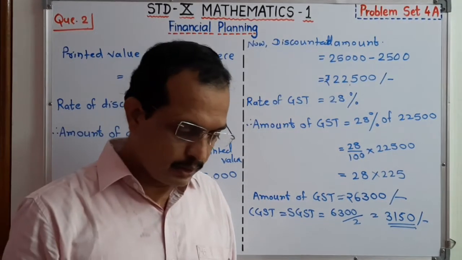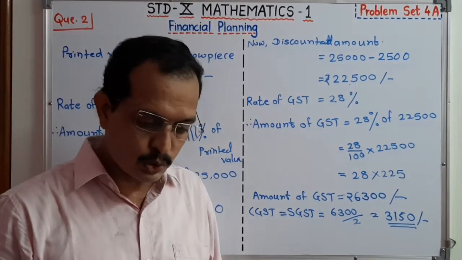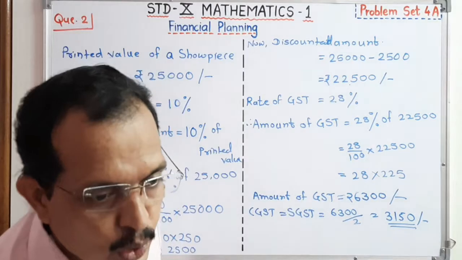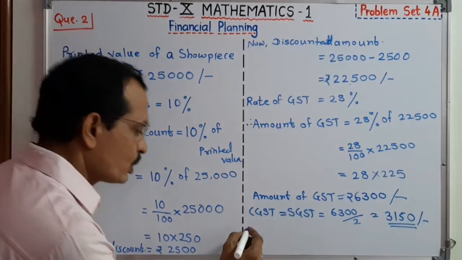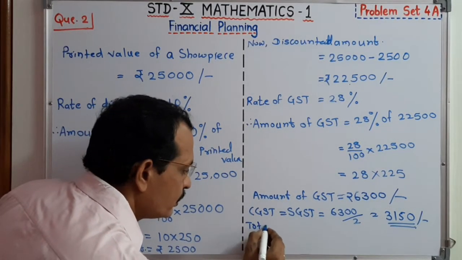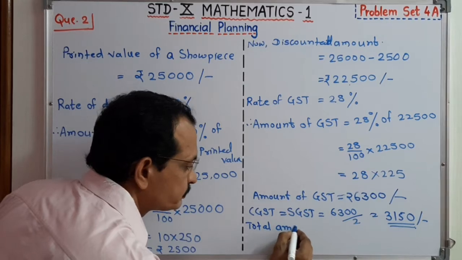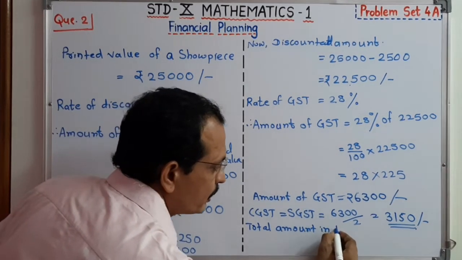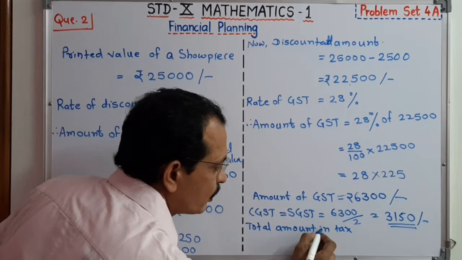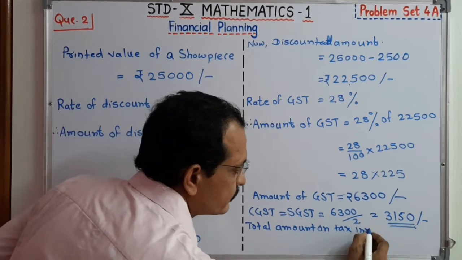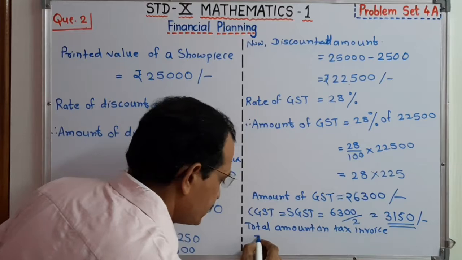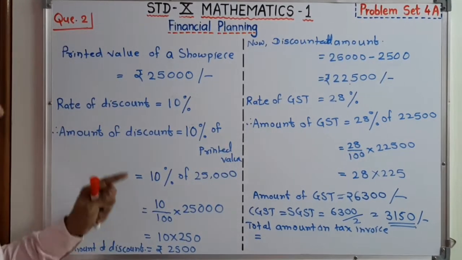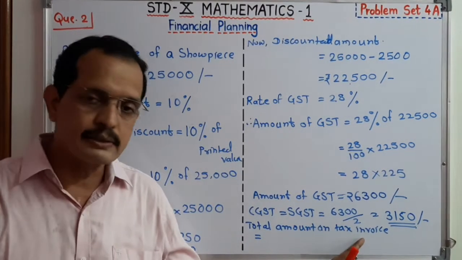Now dear student, we have to find the total amount shown in a tax invoice. Therefore total amount on tax invoice is equal to, now what do we have to write in tax invoice?